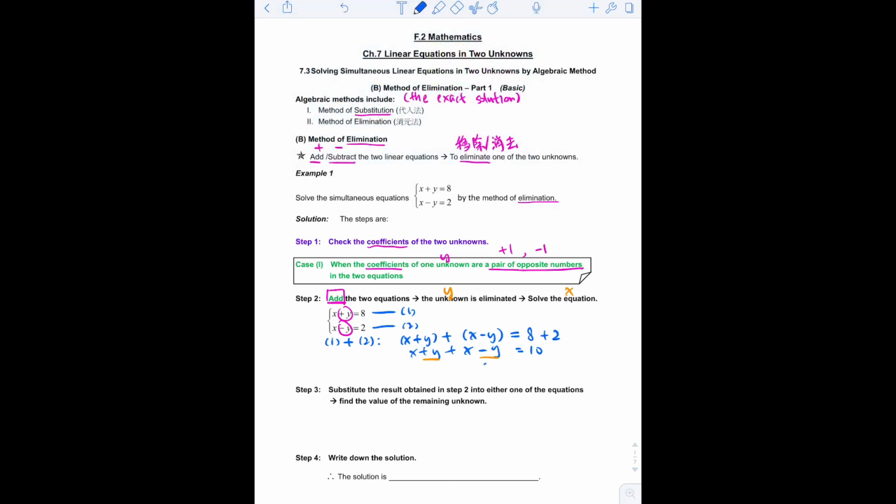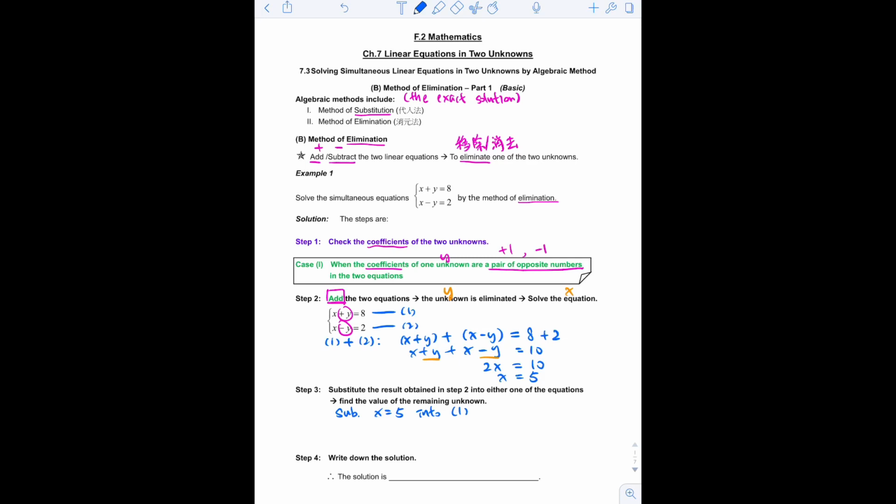Here you will get 2x equals 10, and so x is equal to 5. After we find the value of x, similar to the method of substitutions, we can just substitute x equals 5 into either one of the equations.